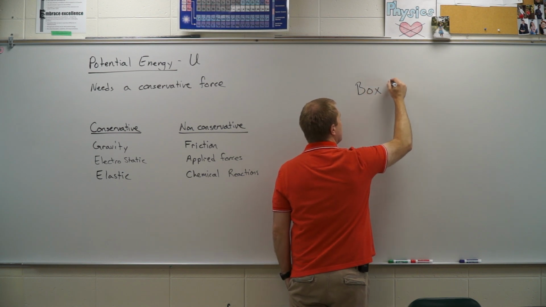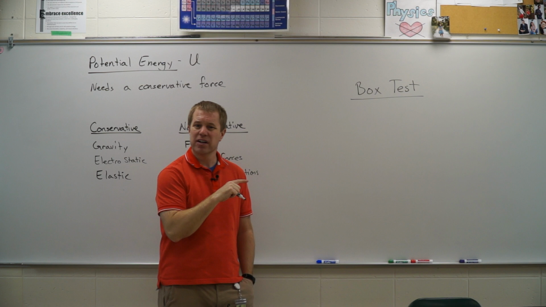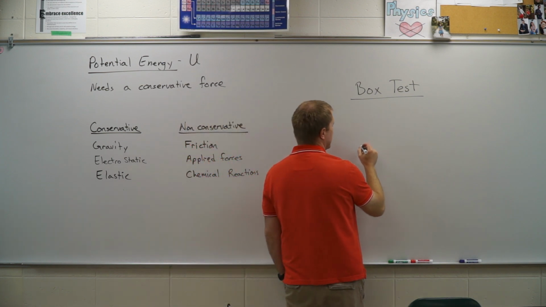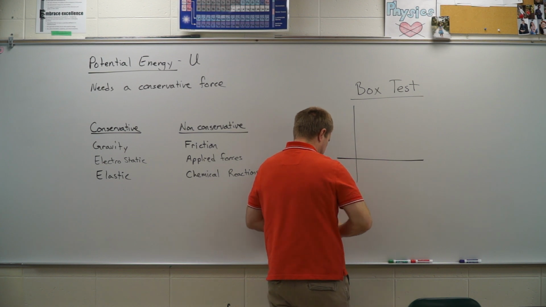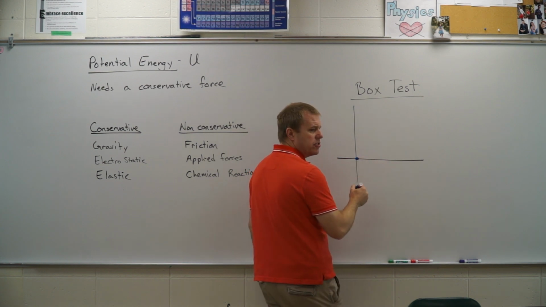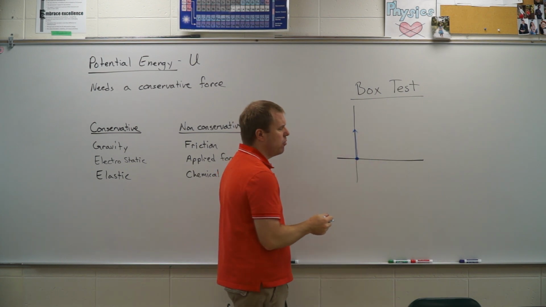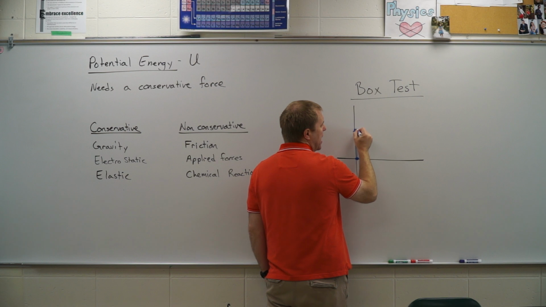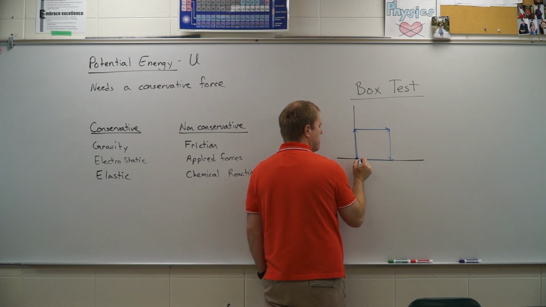Okay. So if we want to see if a force is conservative or not, we're going to do something called the box test. How the box test works is you start on a coordinate system, and basically you start at your 0, 0 point, and you typically go up to a given point, maybe 1 meter up. And then you go over 1 meter, down 1 meter, and back 1 meter.